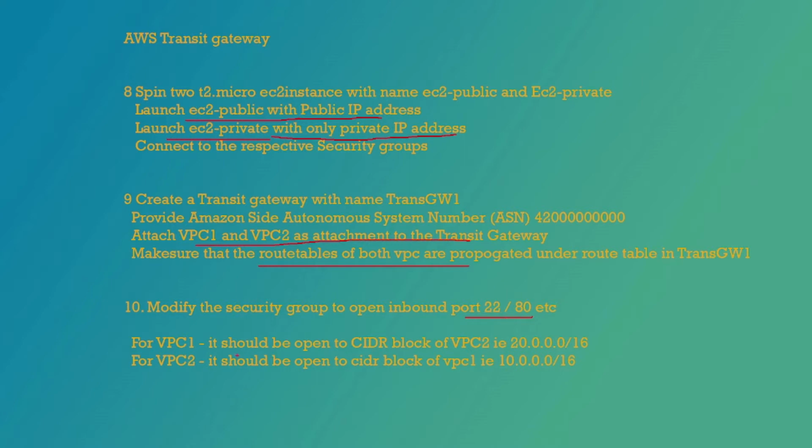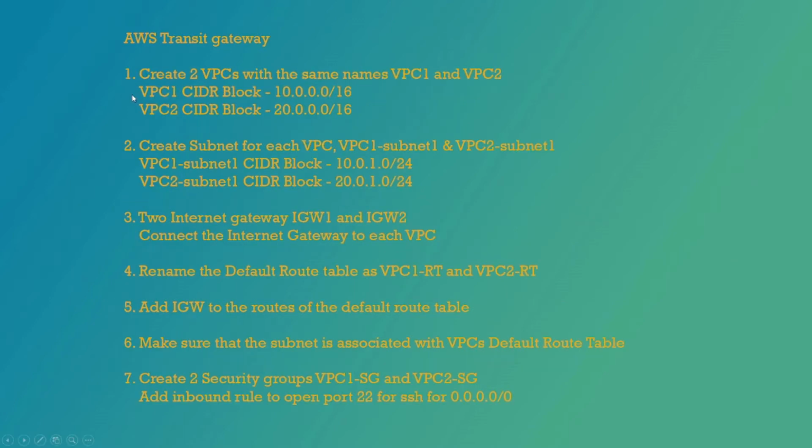Also make sure that the CIDR block of VPC2, 20.0.0.0/16, is open to communicate with VPC1, and vice versa, the CIDR block for VPC1, 10.0.0.0/16, should be open to communicate from the 20.0.0.0/16 network. So we will quickly go and see how to create the first step, how to create a VPC.